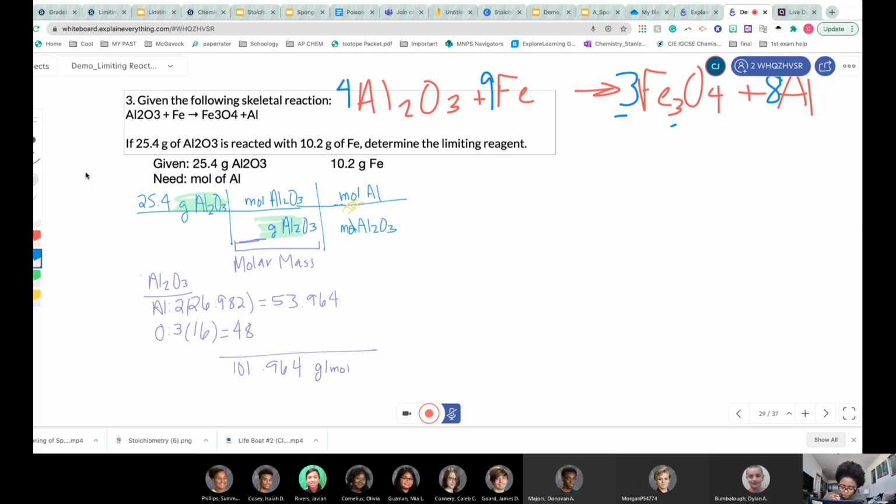Good. It goes on the bottom with grams. 101.964. Can y'all see that? Y'all good? Okay, cool. How many moles? Yes. Good.